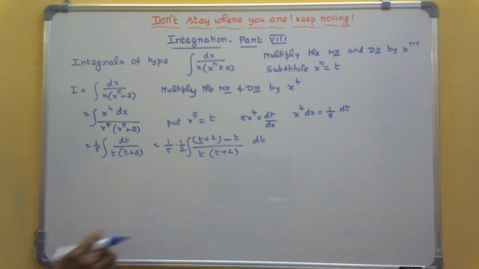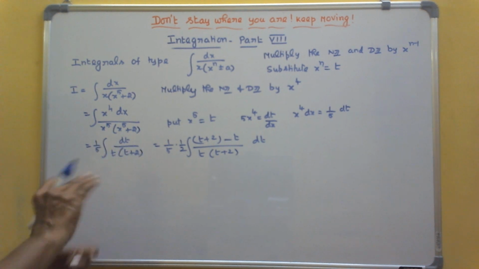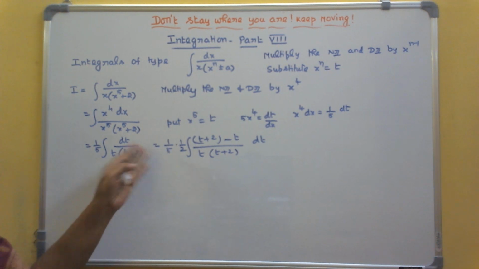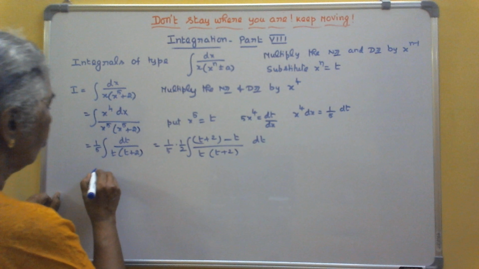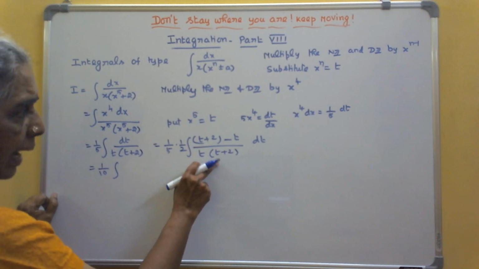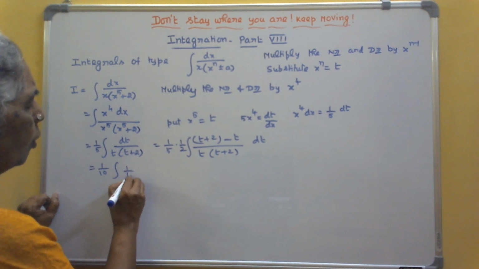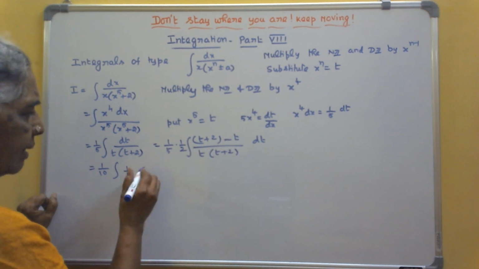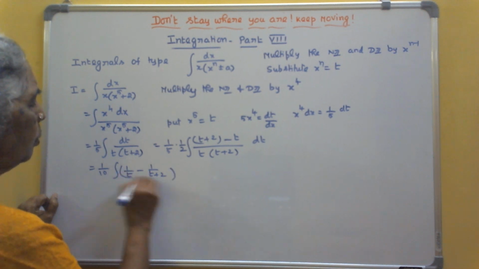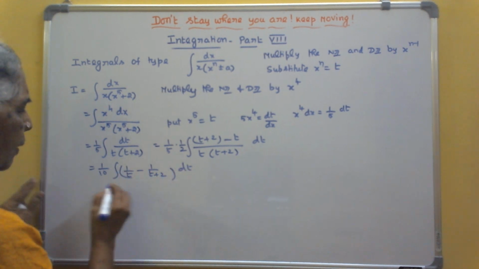Mostly, it will be like the bigger one, greater one minus the smaller one. Then whatever may be the constant, that you will be writing outside as 1 by. So now you will be getting 1 by 10 integral. First this by this, that is t plus 2 will go, you will get 1 by t. Then this by this. So the t and t will go, you will get 1 by t plus 2, then dt. Okay, it has become very simple.